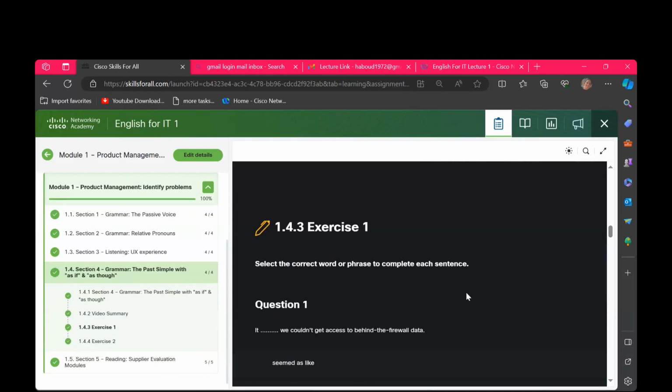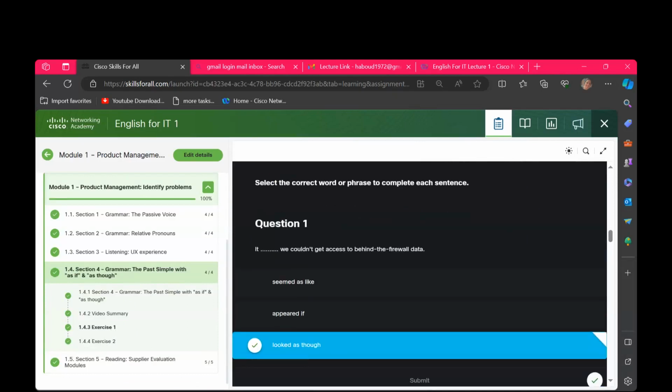Question 1, it space we couldn't get access to behind the firewall data. إيه تفتكروا الإجابة الصحيحة؟ طبعا it looked as though، يعني كما يبدو، we couldn't get access to behind the firewall.